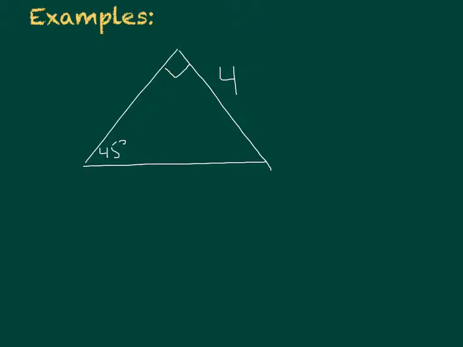Now some examples would be: in a 45 triangle, each leg is the same, and the leg multiplied by radical 2 is the hypotenuse.